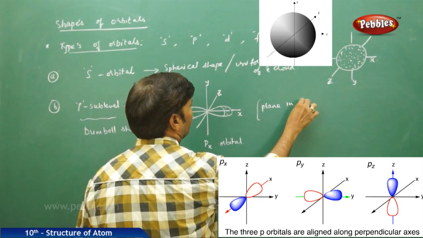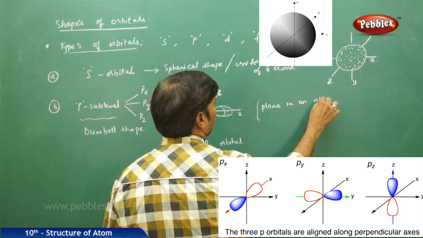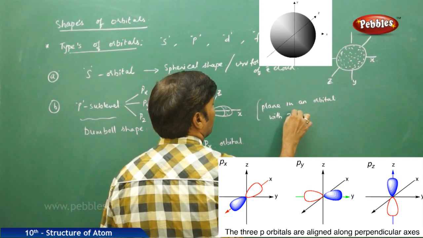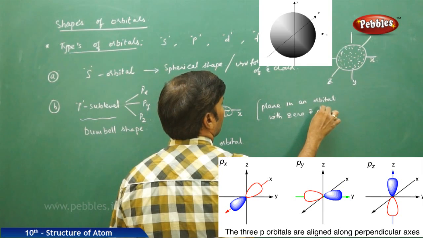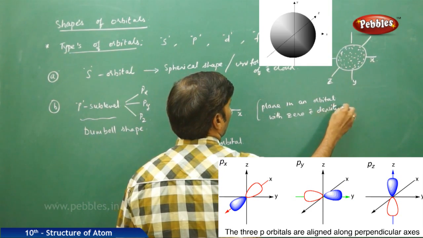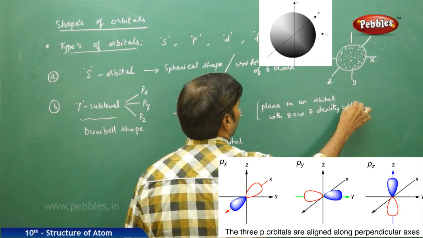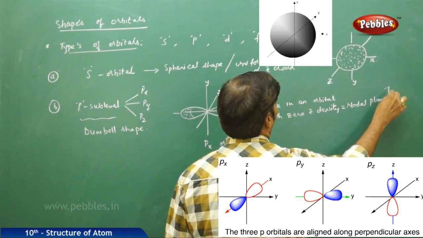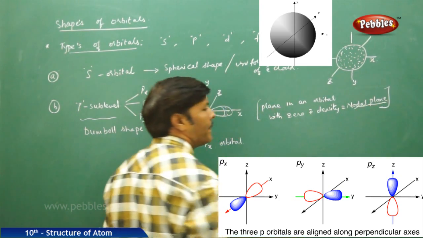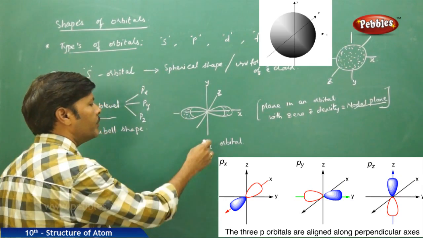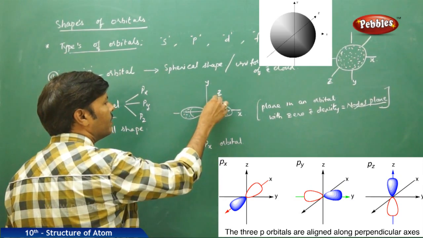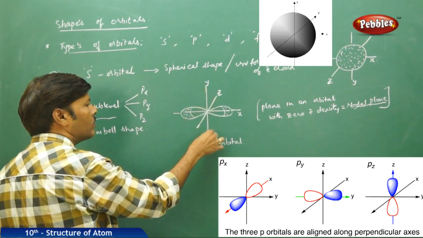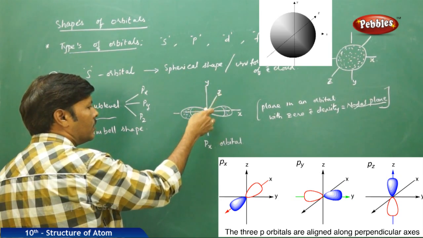Plane in an orbital with zero electron density is called nodal plane. So we are finding nodal planes in this px orbital, in the z-axis and also in the y-axis, because here there is no electron density.